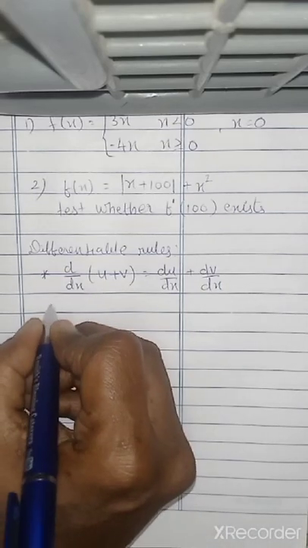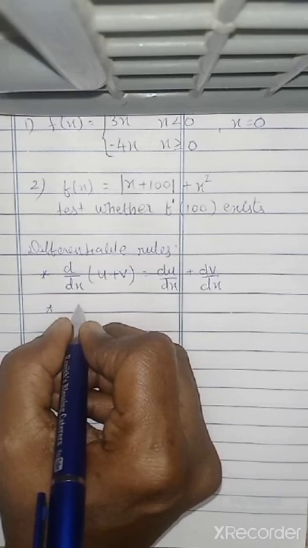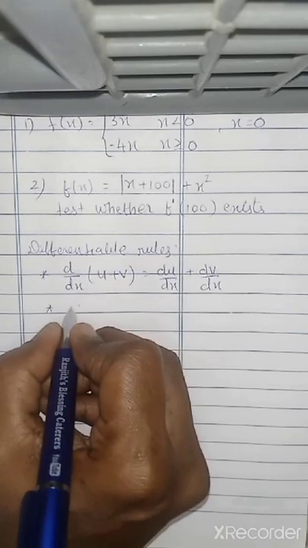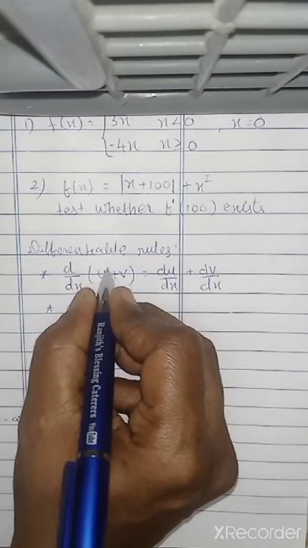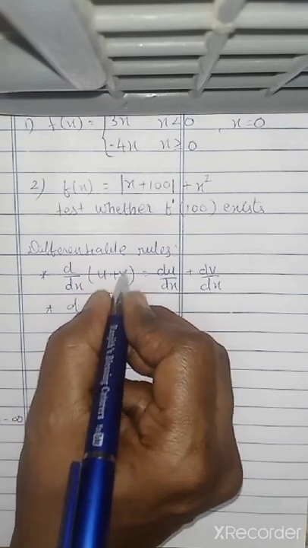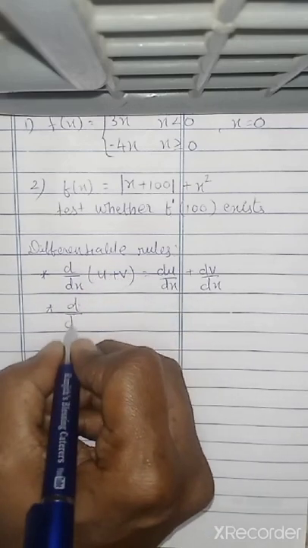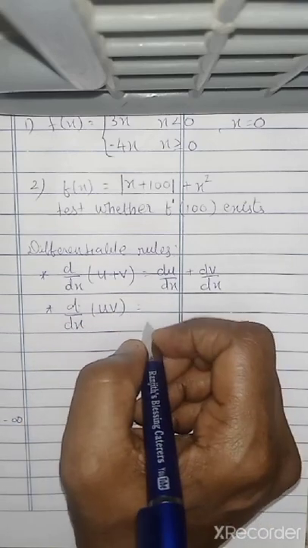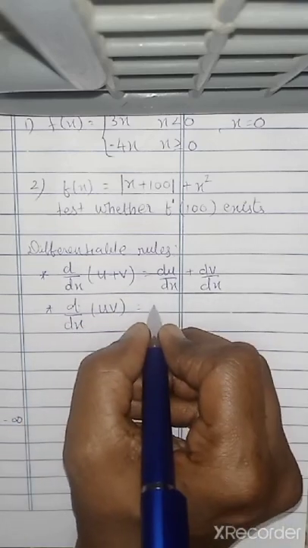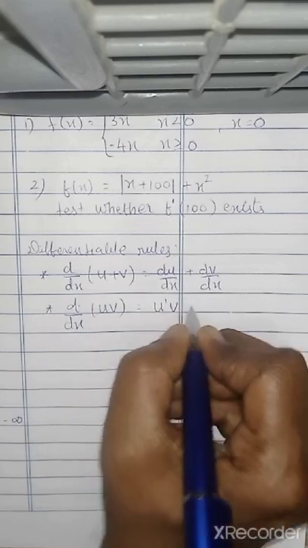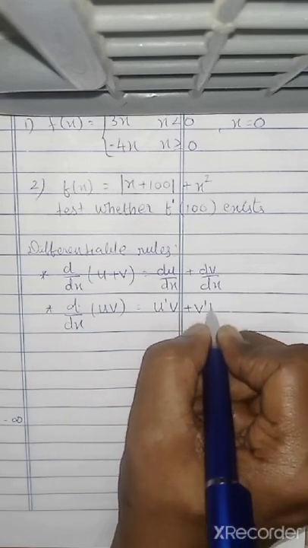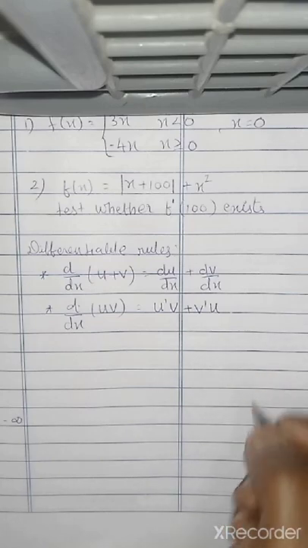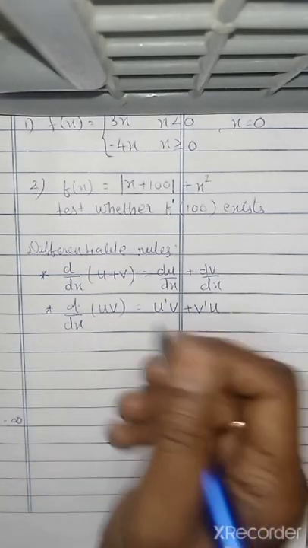Now the second one, this is the UV method. When it is addition, you differentiate each part. Now d by dx of uv, this is your formula: u dash v plus v dash u. Just write it in your classwork note; while doing the problems, I'll explain.